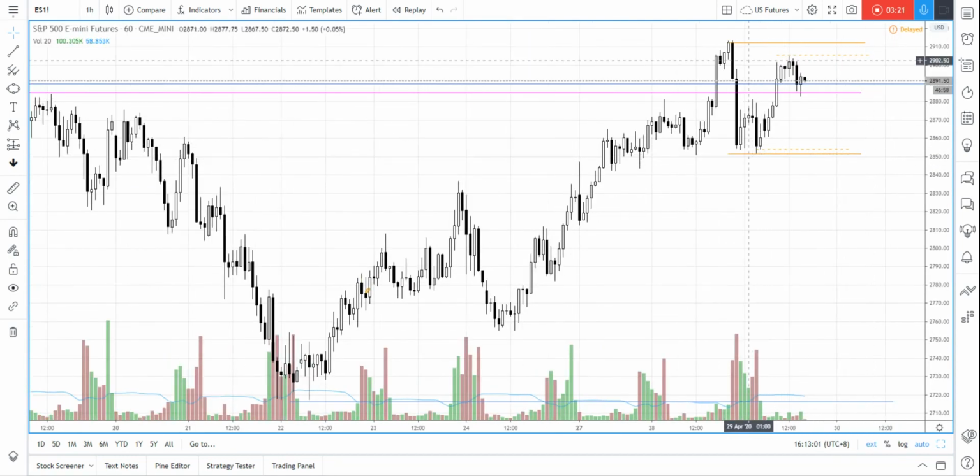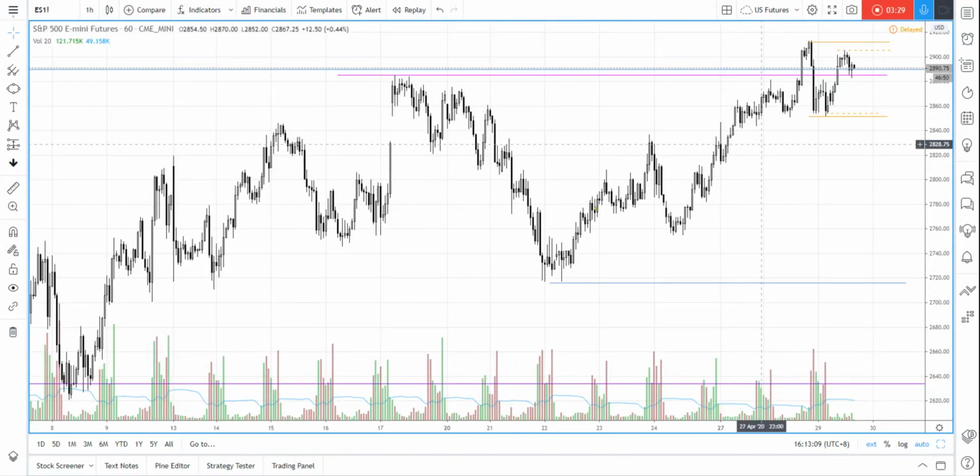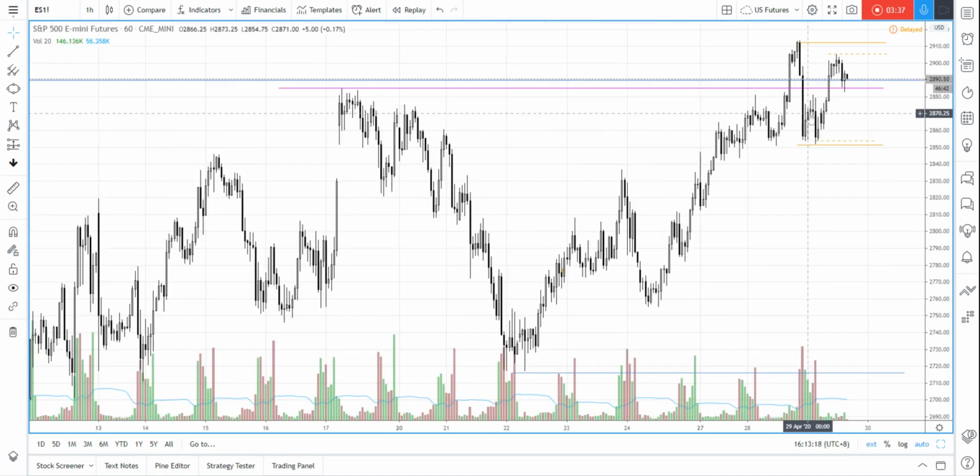One of the scenarios going forward could favor a supply absorption scenario, because yesterday, despite the strong down move at the first two H1 bars, we still didn't really see any commitment below 2850, although it might happen tonight, I don't know.